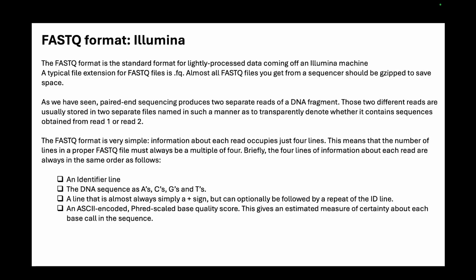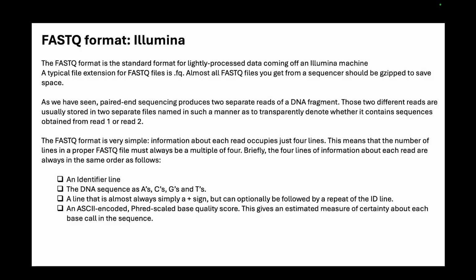So what will happen is, from the sequence readout, you'll have two FASTQ files. One FASTQ file for read 1 and the second FASTQ file for read 2. But, for example, the first line of your read 1 FASTQ file should correspond to the first line of your read 2 FASTQ file.